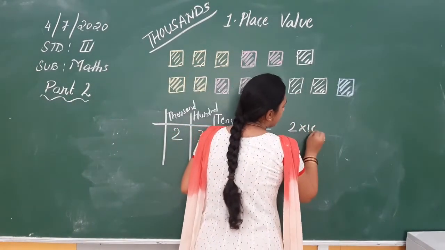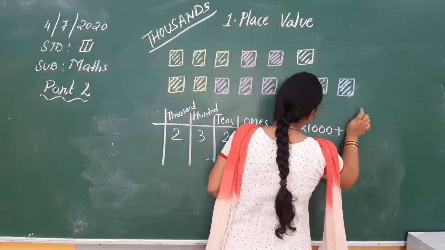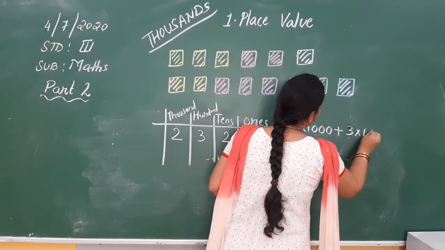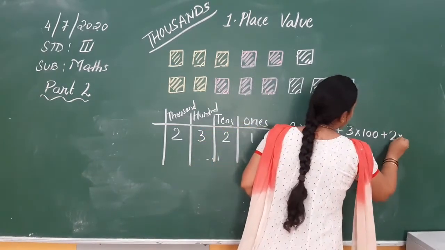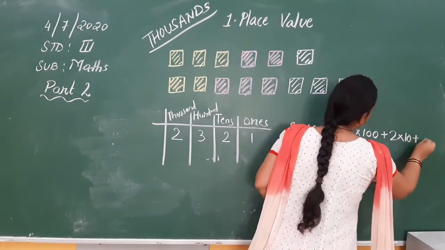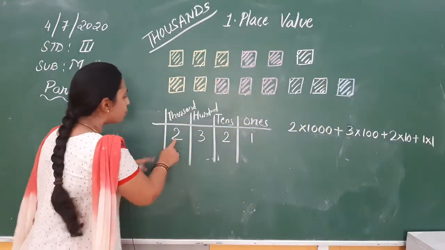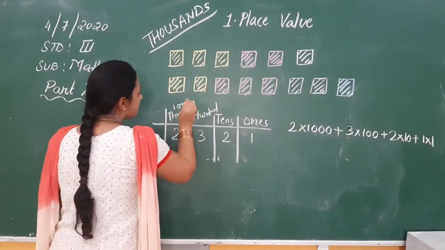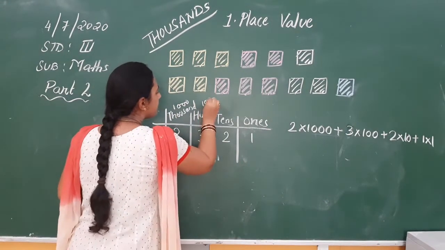2 into 1000 plus 3 into 100 plus 2 into 10 plus 1 into 1. Right? 2 is in the thousands place, 3 is in the hundreds place.